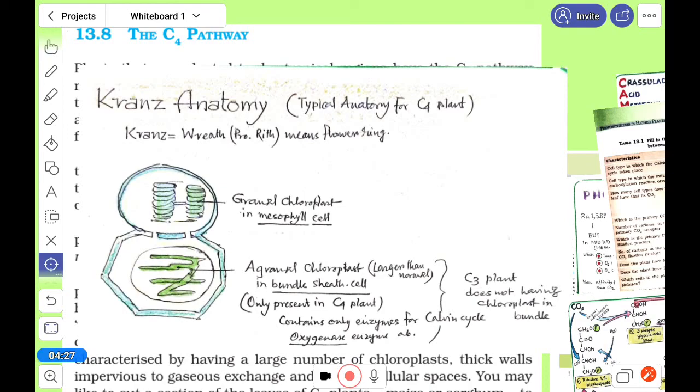Kranz anatomy indicates granal chloroplasts in the mesophyll tissue and agranal chloroplasts, larger than normal, in the bundle sheath. This type of configuration is found only in C4 plants. C3 plants do not have this kind of arrangement. This is called Kranz anatomy, typical anatomy for the C4 plant.